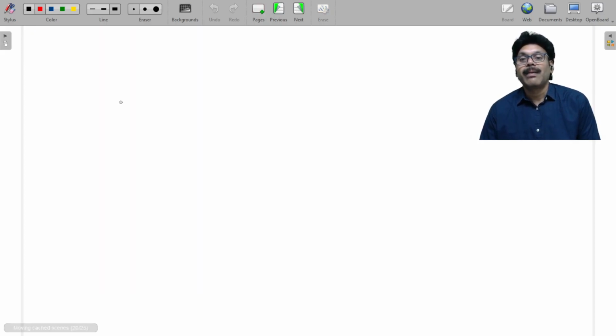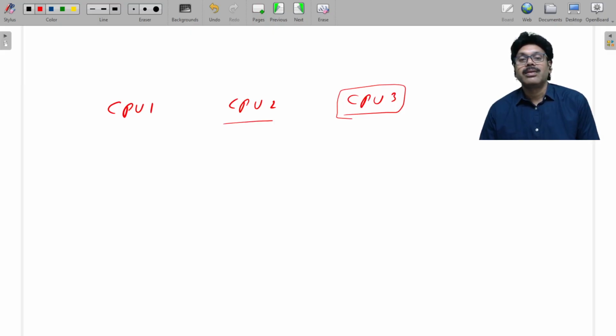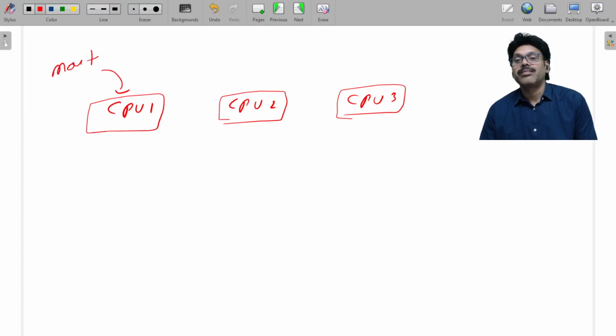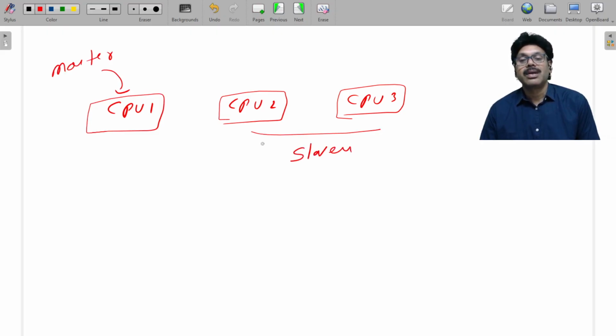Let us say there is a CPU 1, a CPU 2 and a CPU 3. This CPU 1 is acting as a master, and these CPUs are acting as child or slaves.